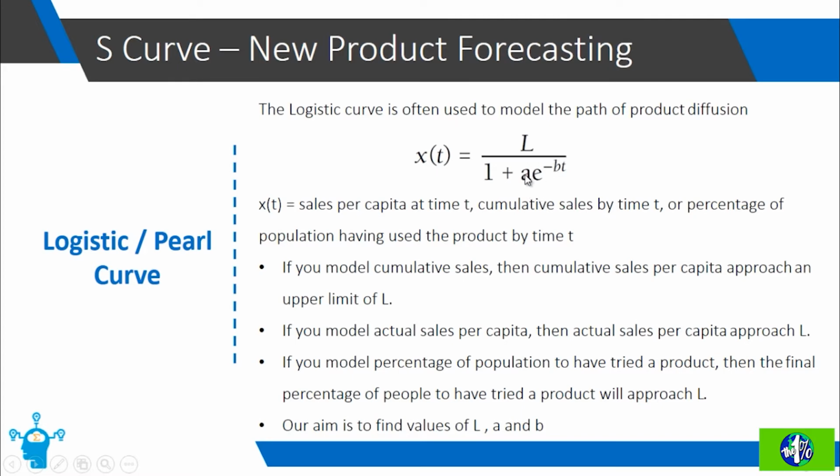The most important value that we will take away from this equation is the value of L. L is going to tell us the maximum value of sales or of sales per capita or percentage of population adopting our product. That is, L will be setting the upper limit of this variable. So using this equation, we'll be applying the logistic curve to model the product sales.